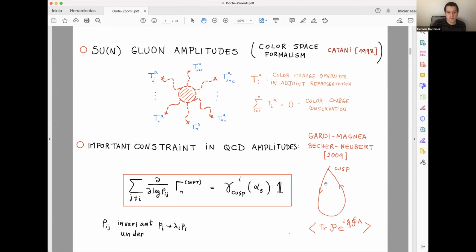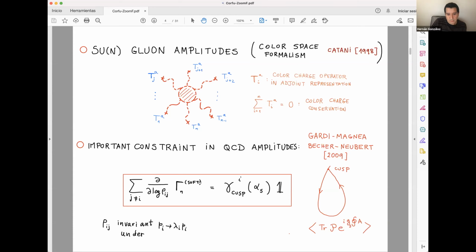Very interestingly, in QCD, there is a very important constraint obtained by Gardi and Magnea and Becher and Neubert that allows you to restrict the soft part of the anomalous dimension in terms of a quantity rho that is invariant under scaling of the momenta of the particles.